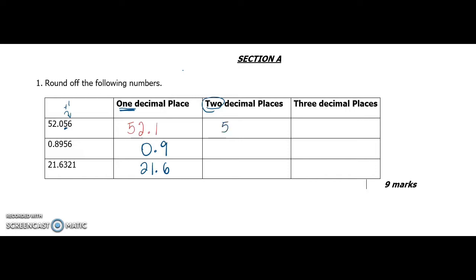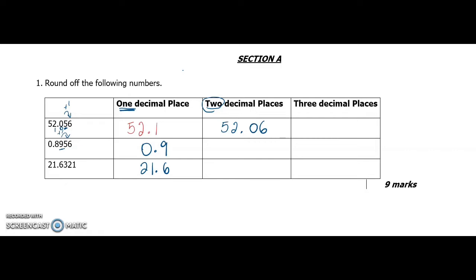So now I have 52.06. For the second question, my target number is 9. That's the second number after the decimal point. When I look to the right, I see 5. So I'm going to add 1 to the 9 and I'm going to get 10. If I get 10, I put 0 here and I carry the 1.